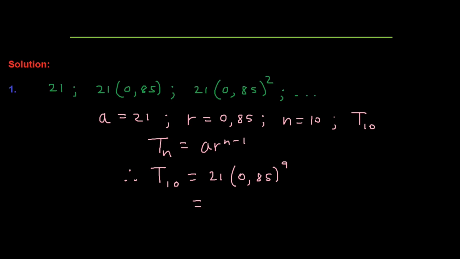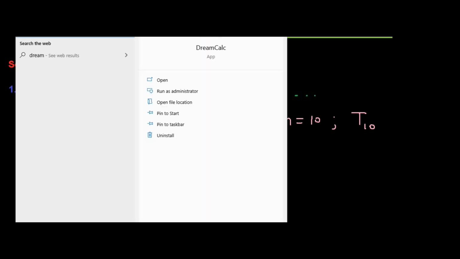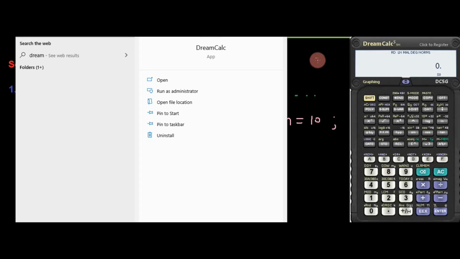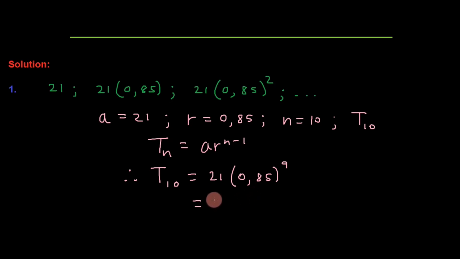So let's see what that comes to. So it's going to be 21 times 0.85 to the 9. And this comes to 4,86. So 4,86 centimeters.